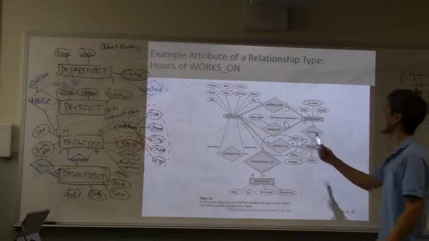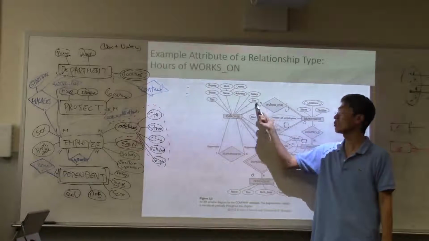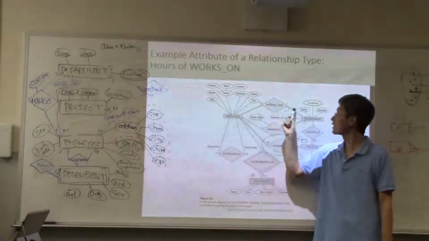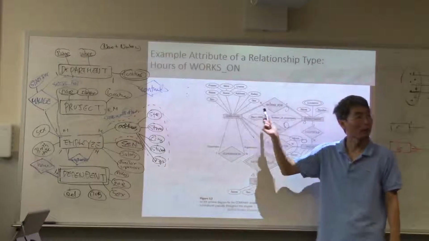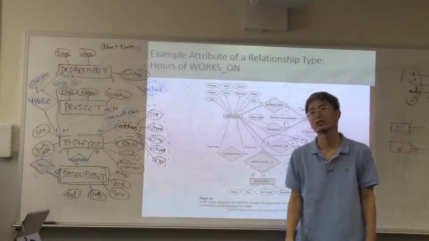But in this one-to-many notation, we can use only one or many. Right? What's optional or mandatory participation? We cannot specify the details.